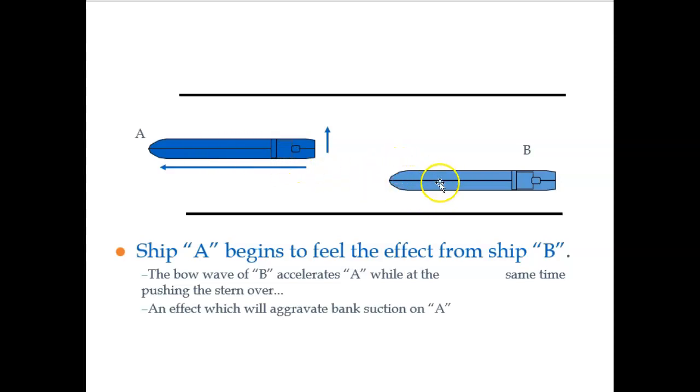And as you got closer and closer, as ship B came up, that bow wave from ship B would tend to push the stern of ship A up to the north. If the stern goes to the north, this ship starts to take a little bit of a turn, right down into the water where you think you want to be, where ship B wants to be.